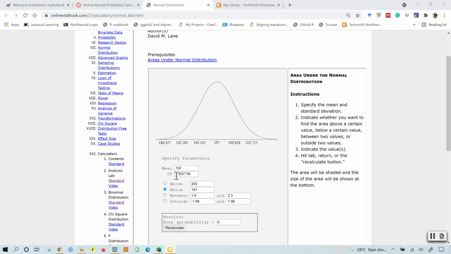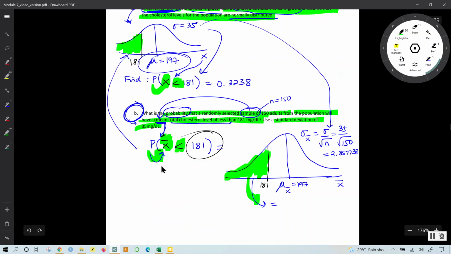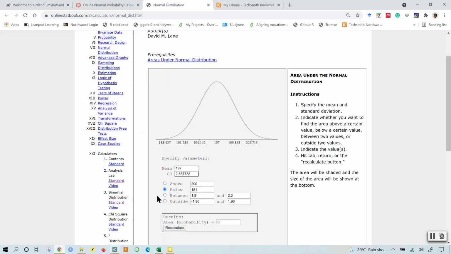Here on the screen, you can see I now have the adjusted standard deviation based on the fact that we're computing probabilities associated with the sample mean. I'm interested in the area below 181, and I hit the enter button. This indicates that the area is really tiny. This is equal to 0.